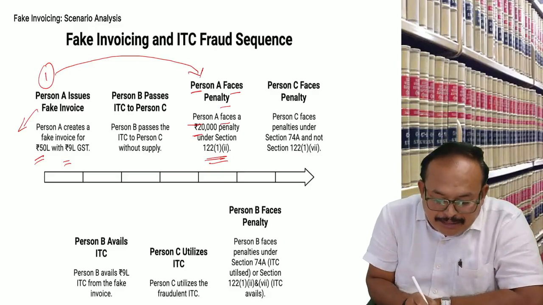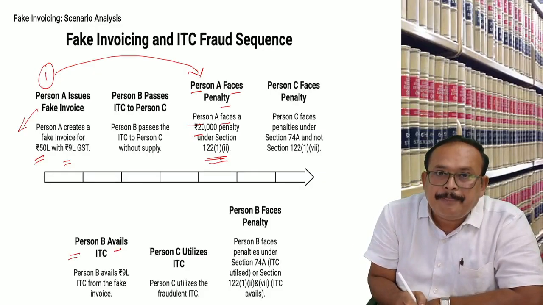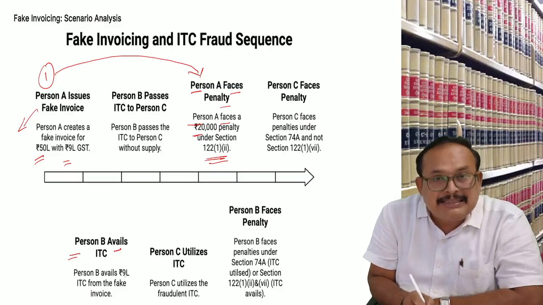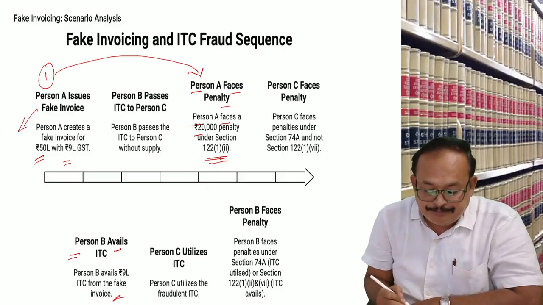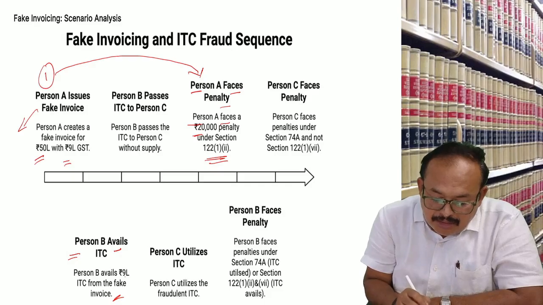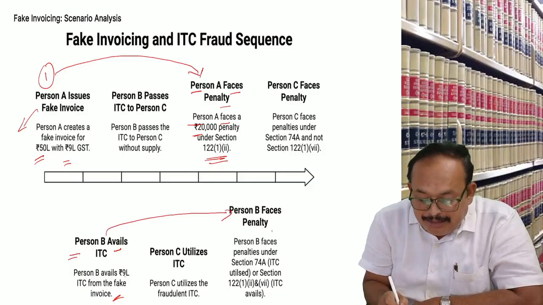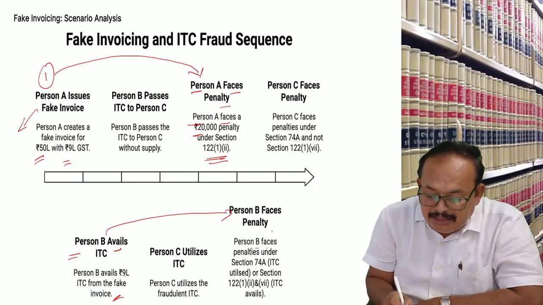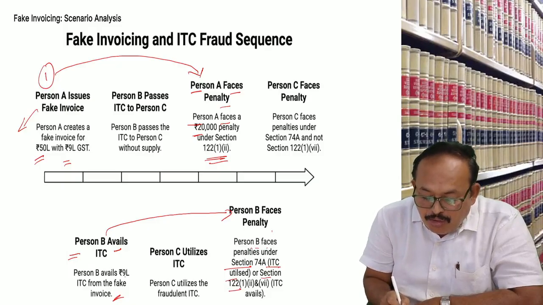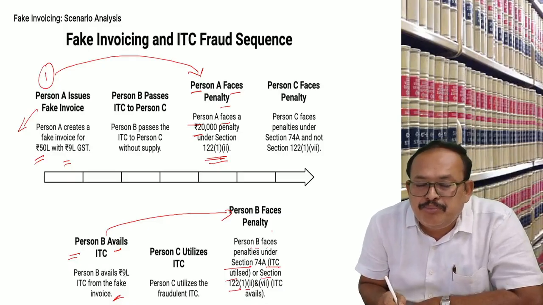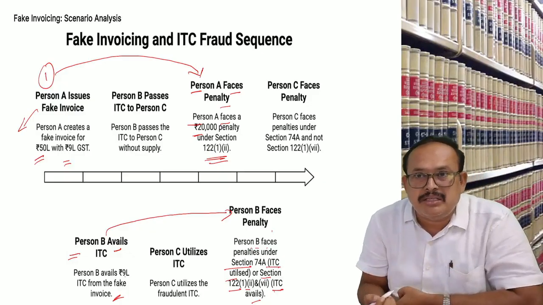Now, person B, with this fake invoice, avails ITC. Person B avails 9 lakhs ITC from the fake invoice where goods or services were not received. For that, person B faces penalty. What penalty? Person B faces penalty under 74A if ITC is utilized, or section 122(1) clause 2 where ITC is availed, not utilized.